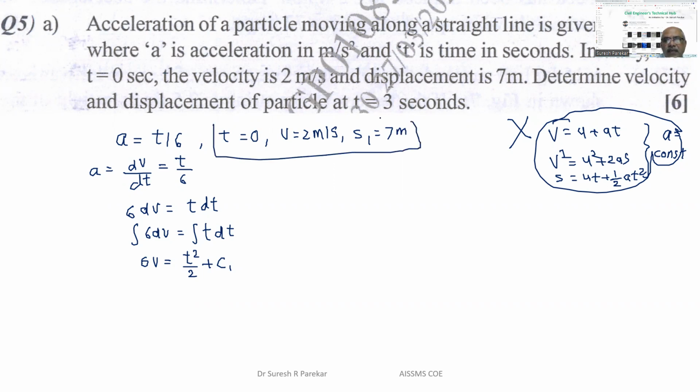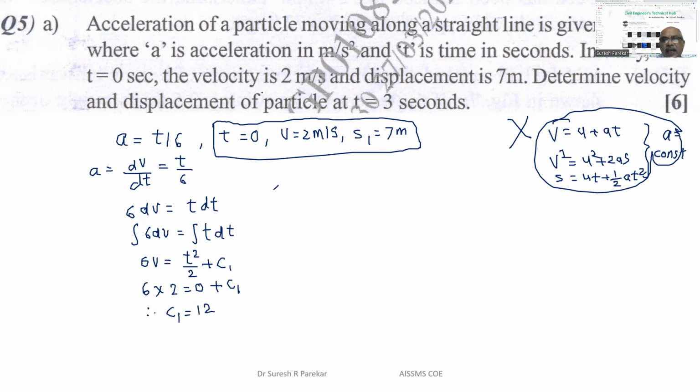And this plays a very, very important role to find the constant of integration. So at T is equal to 0, V equal to 2, so 6 into 2 is equal to 0 plus C1, and therefore we get C1 is equal to 12.